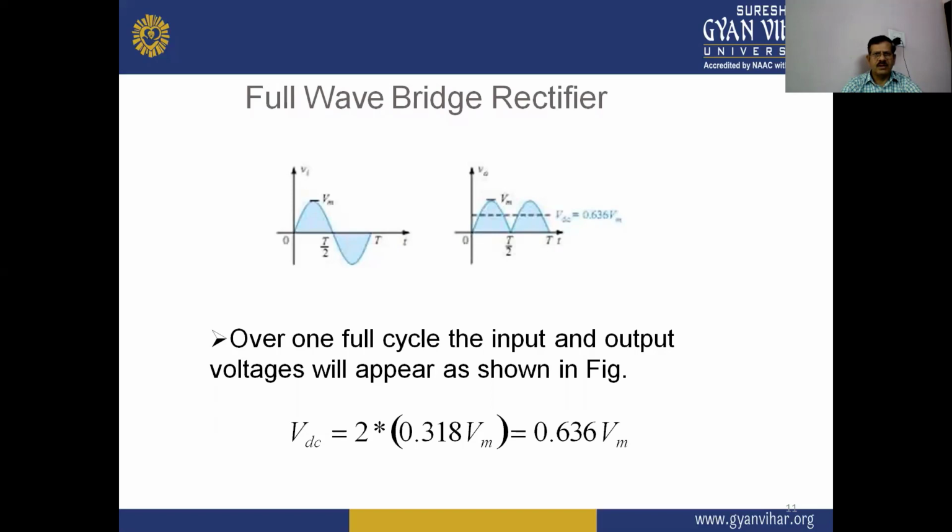In the full wave bridge rectifier, over one full cycle, the input and output voltage will appear as shown in the figure. VDC is the output DC voltage, equal to 2 into 0.318 Vm, so it will be 0.636 Vm. Vm is the maximum voltage and VDC is the output DC voltage.